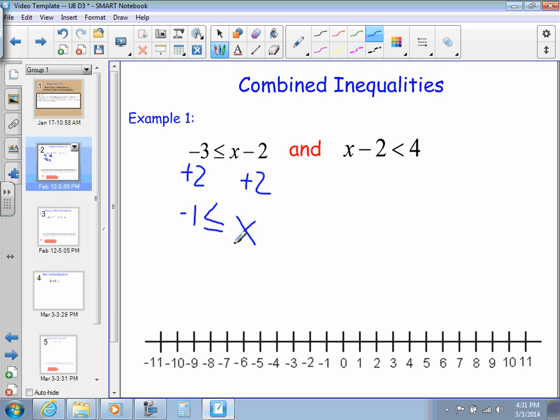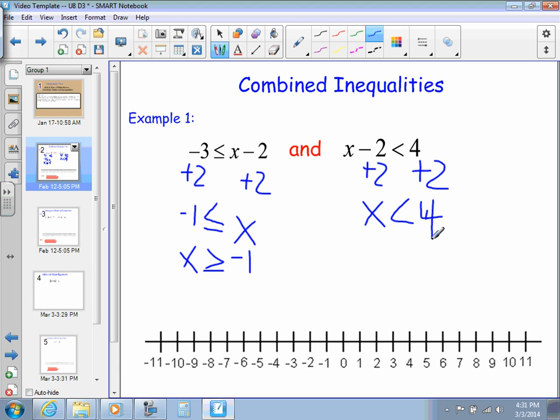And of course, I could also flip this around: if -1 is less than or equal to x, then x is greater than or equal to -1. These are two different ways of saying the same thing. Now let's look at the other one. We will add 2 to both sides of the inequality, giving me x is less than 4.